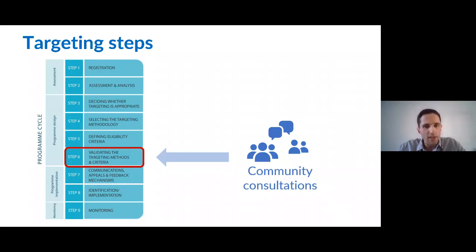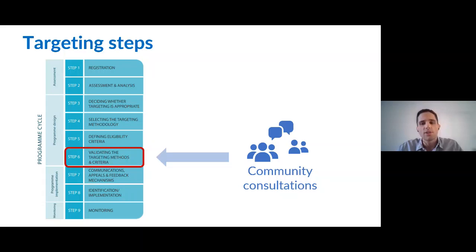Then step 3, based on the data that we have collected and analyzed, we decide if targeting is even appropriate in a given context. If that is the case, we start the development of a targeting strategy, which also means that we develop draft eligibility criteria.